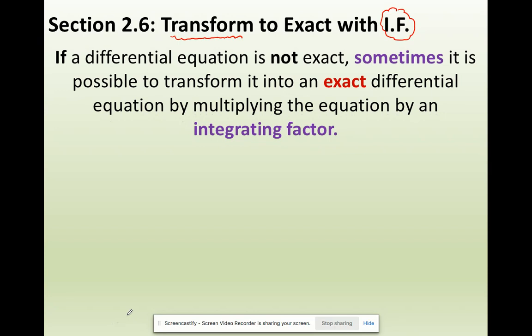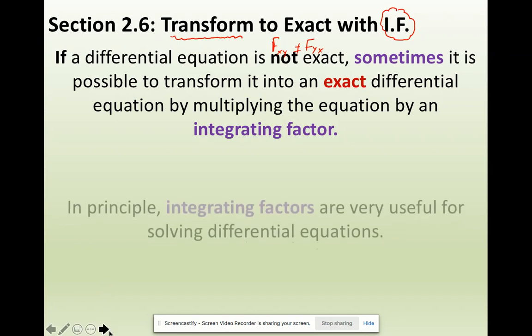So if I'm not exact, which means the mixed partials are not the same, sometimes, not all the time, sometimes for a particular class of non-exact differential equations, we can transform it to exact by using an integrating factor.